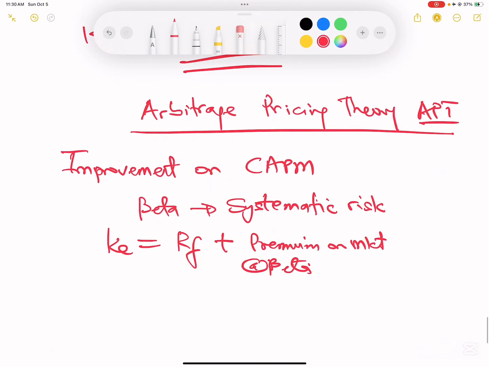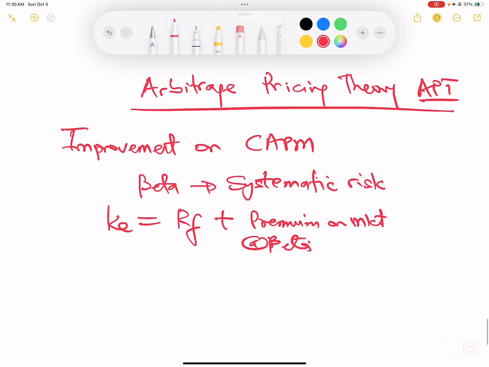However, this arbitrage pricing theory is saying that it goes beyond the beta. It goes beyond the systematic risk. It should be every form of risk that is outside the control of the investor, and it can be so many things. Apart from the beta on market, we can also be talking about inflation.